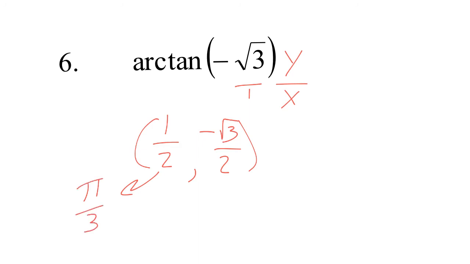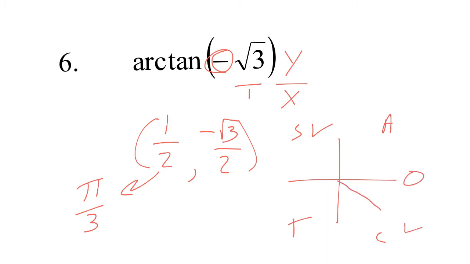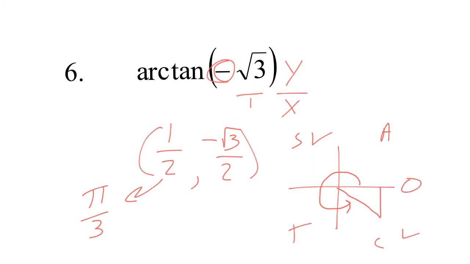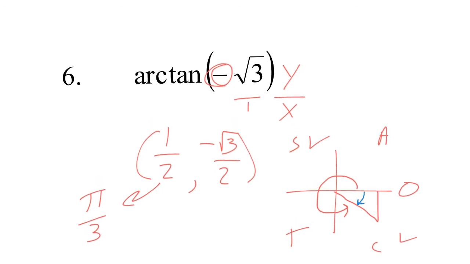And where is tangent negative? All students take calculus. It would be negative in 2 and 4. Which one is closer to 0? Well, 4 is. And we not only want to get to the closest one, but we want to get there the fastest way. One possible way to get to that radius would be to come around in a positive angle. Another would be to come down with a negative angle.